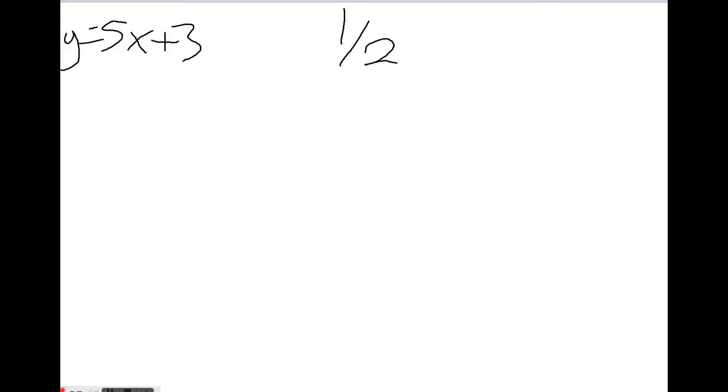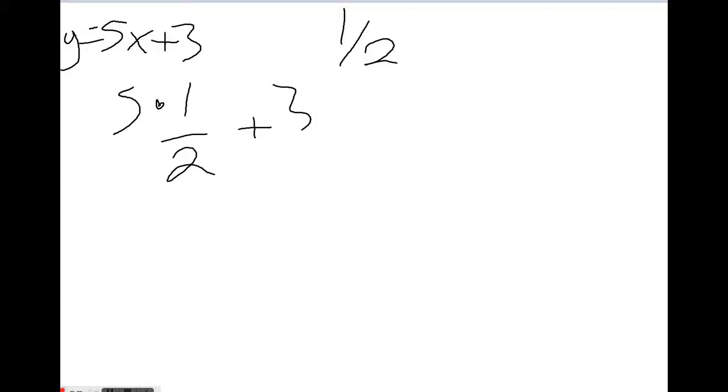Our x is going to be 1/2. Let's stick with 1/2 and we'll do each one at a time. So we have 5 times 1/2 plus 3.